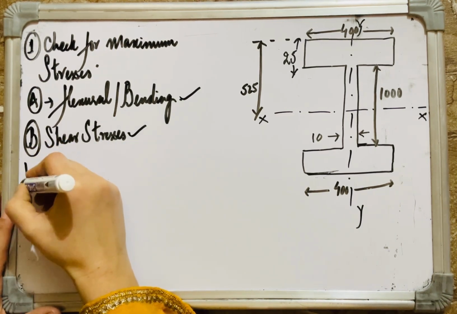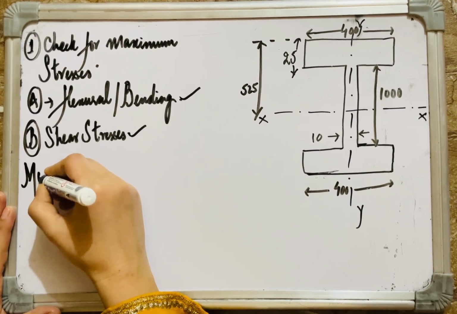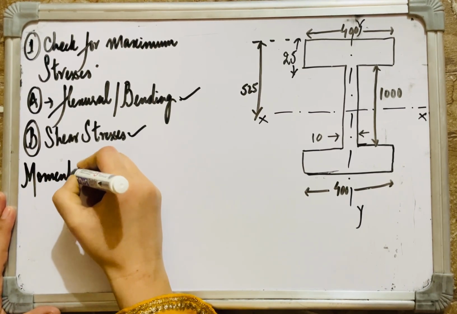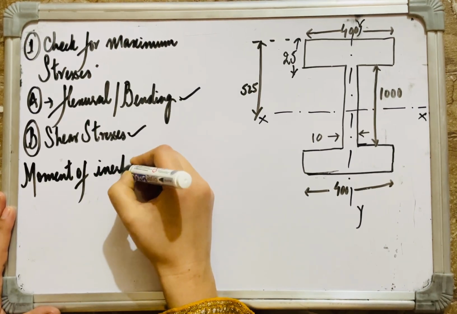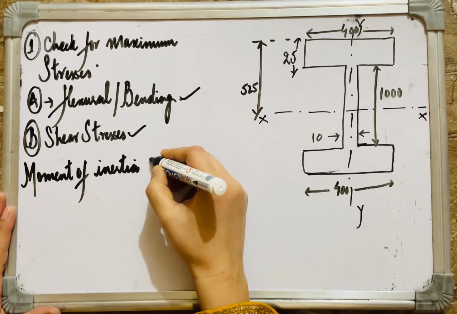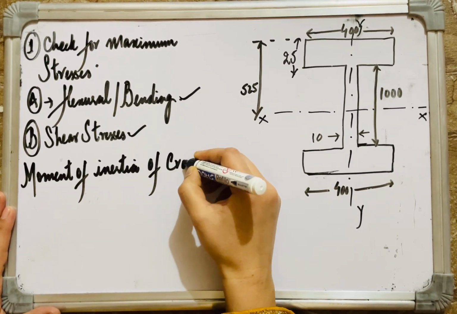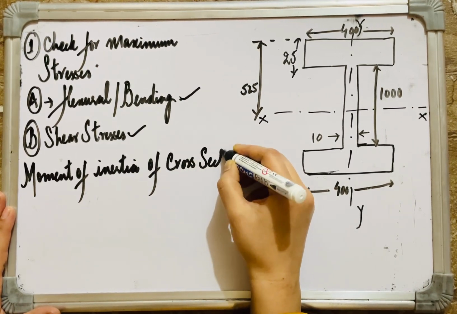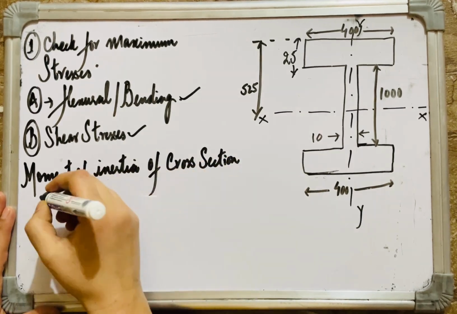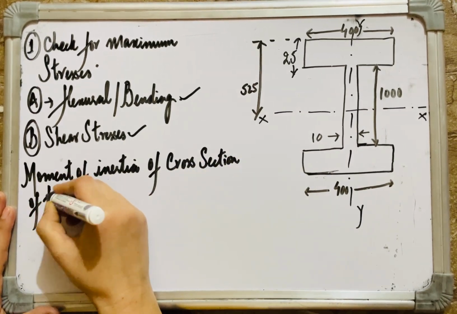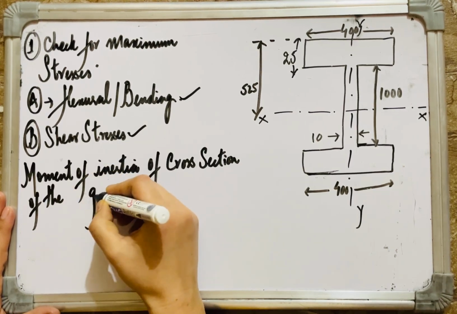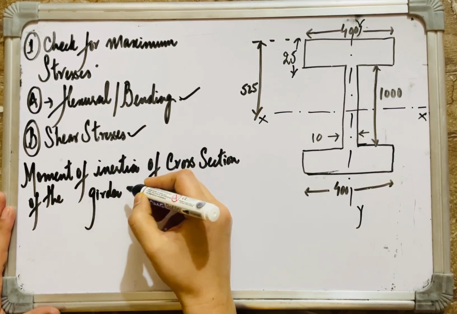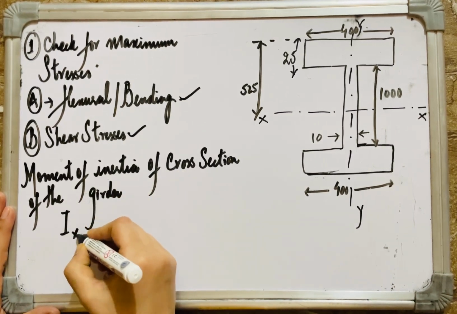Let us first calculate the moment of inertia of the cross section of the girder about the x-x axis. We'll calculate Ixx.